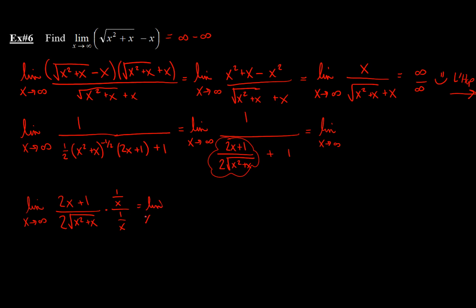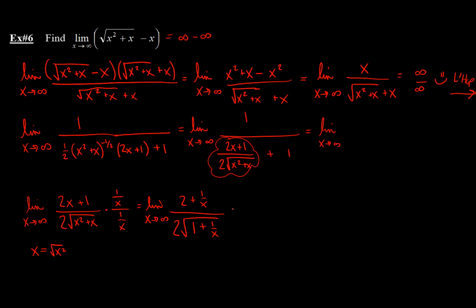So the limit as x approaches infinity. Then I'm going to have 2 plus 1 over x. And on the inside of this, I'm going to have 1 plus 1 over x, because remember that x is equal to the square root of x squared when it goes inside.